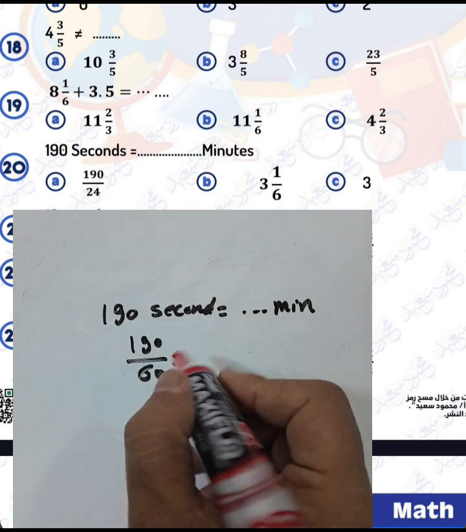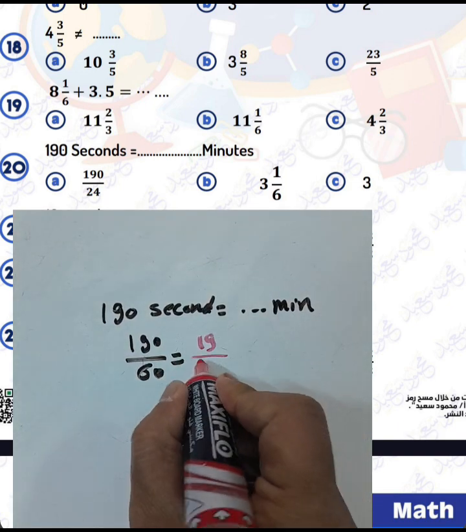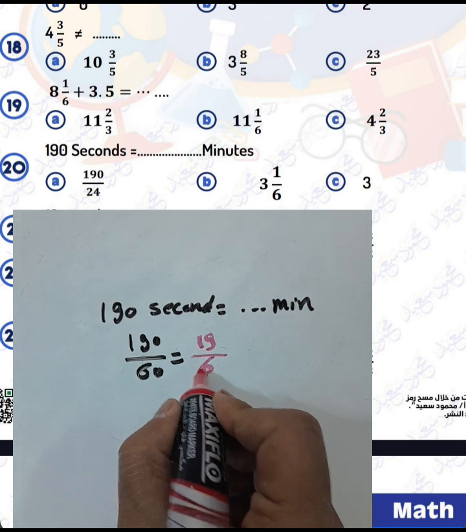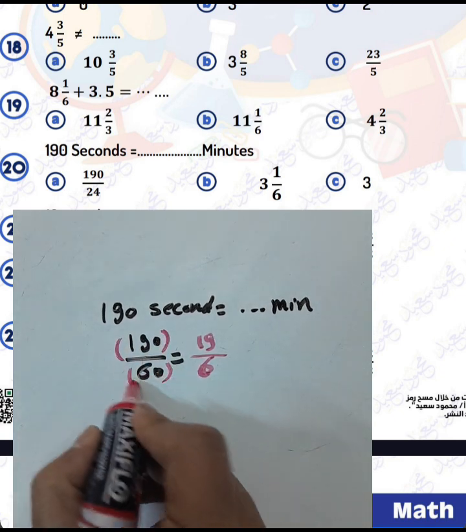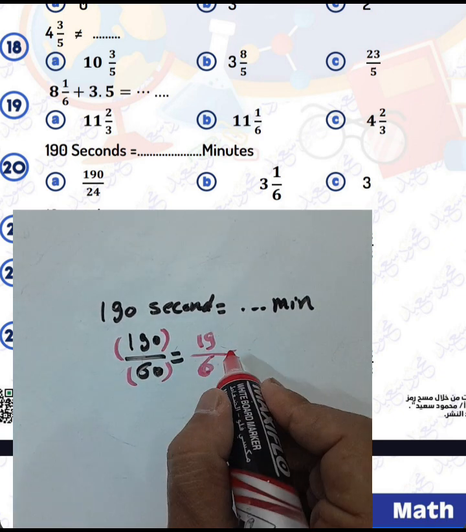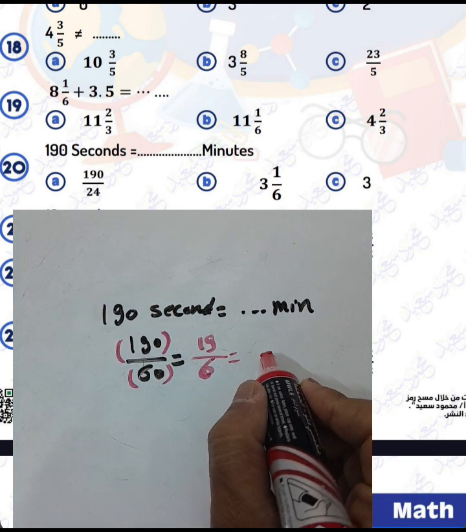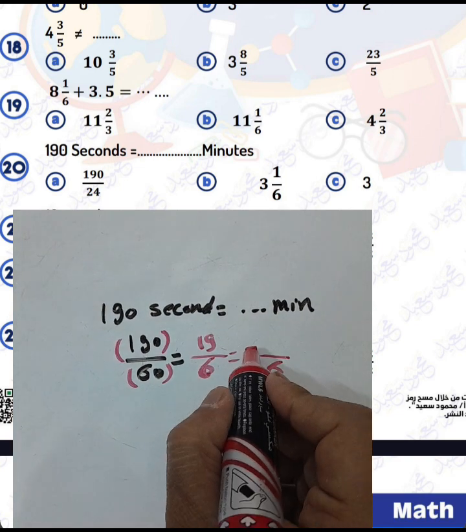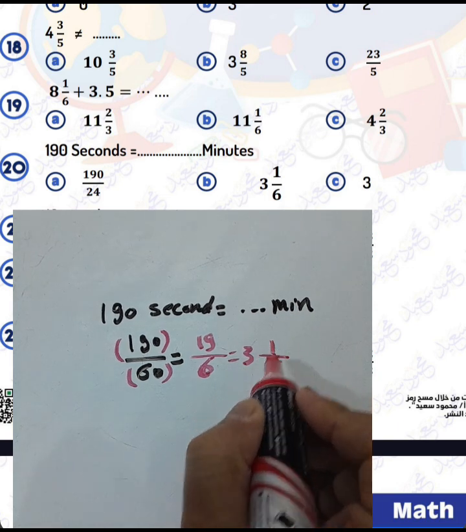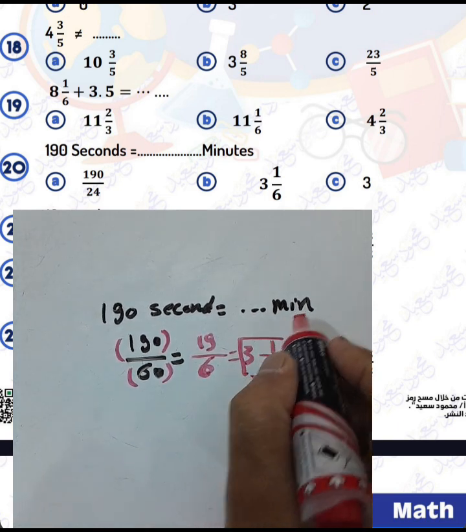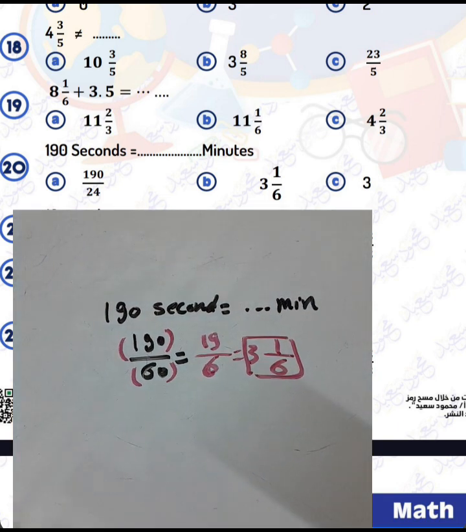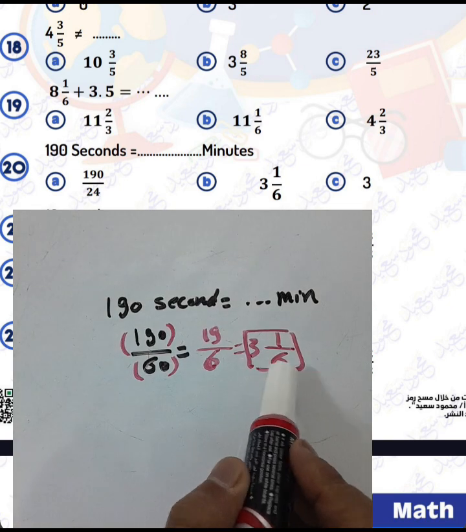The result will be 19 over 6. And then convert 19 over 6 from improper to mixed number. Write 6, and 3 times 6 equal 18 and the remainder 1. Then the result will be 3 and 1 over 6 minutes.